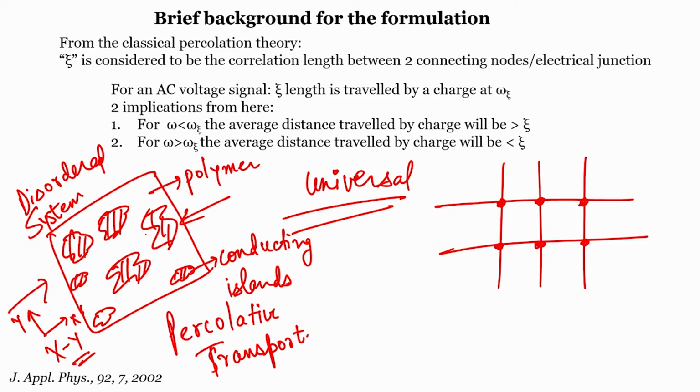One characteristic feature of a percolative system, a disordered percolative system, is that the separation between conducting islands is defined by a term called correlation length.